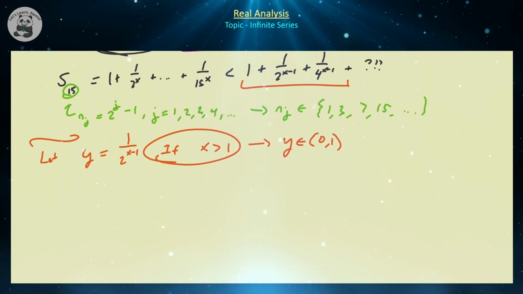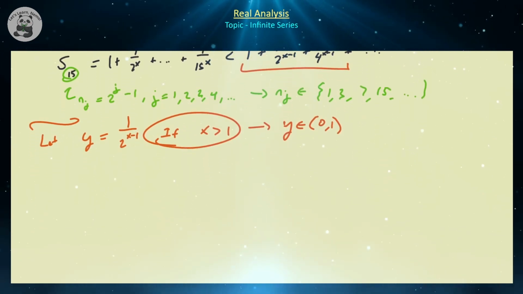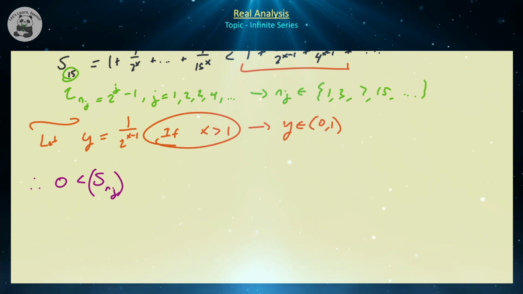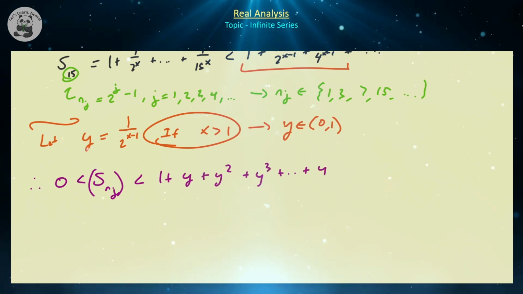Right? So if that is the case, then our partial sum, always positive obviously, Snj, is going to be less than 1 plus y squared plus y cubed, all the way up to plus y to the j minus 1.